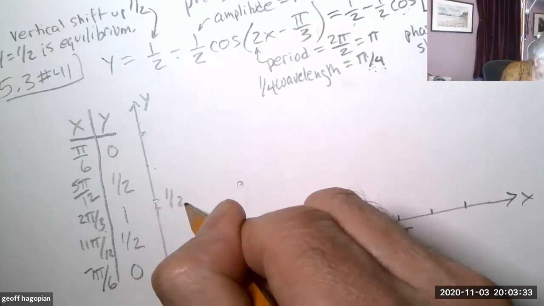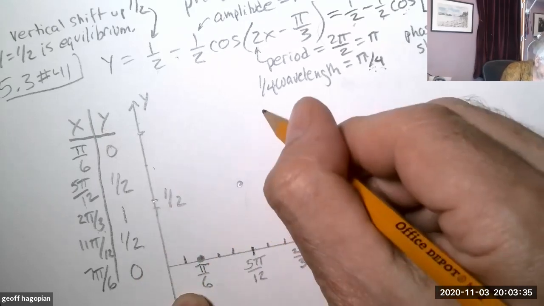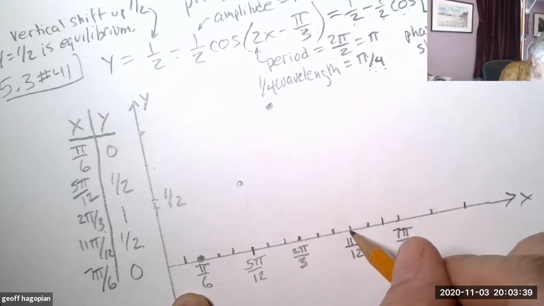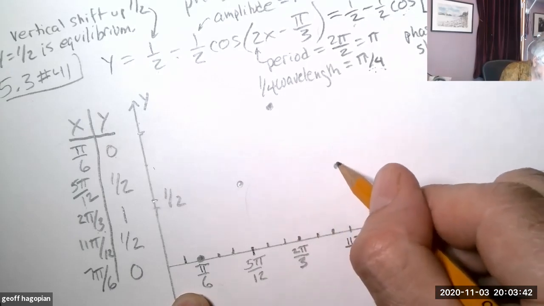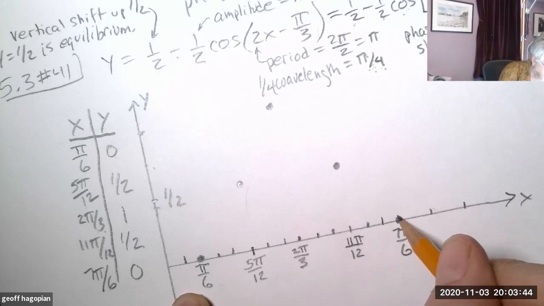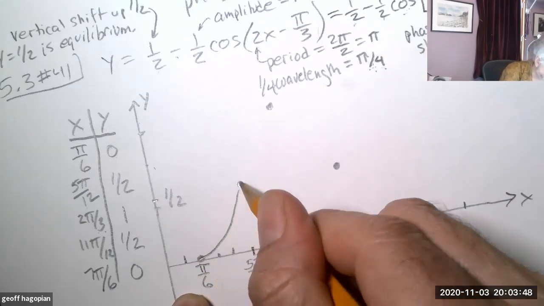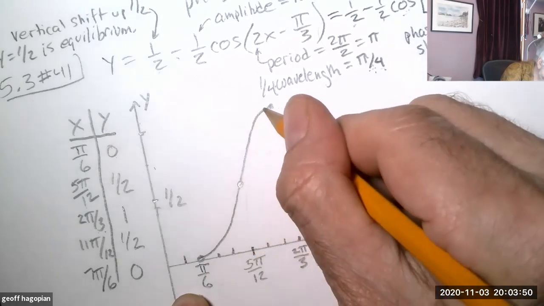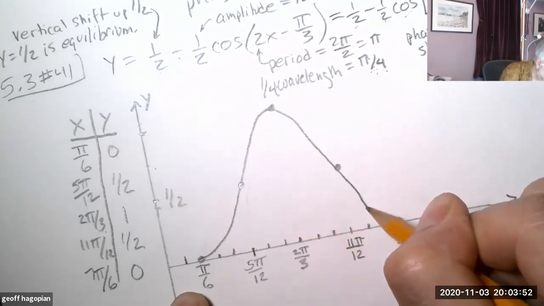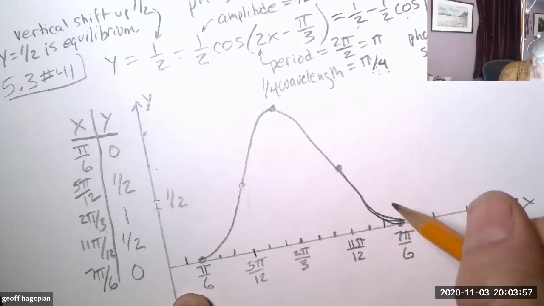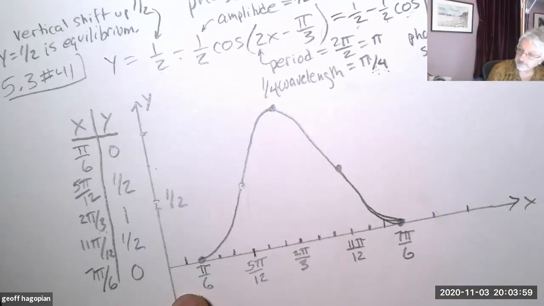That's 1/2. Then we're at the peak, which is 1. Then at 11 pi over 12, we're at equilibrium again. And at 7 pi over 6, we're at the trough, back where we started, right? So this is a cosine curve, if you want to make it a nice smooth sinusoid. And kind of like that. Okay.